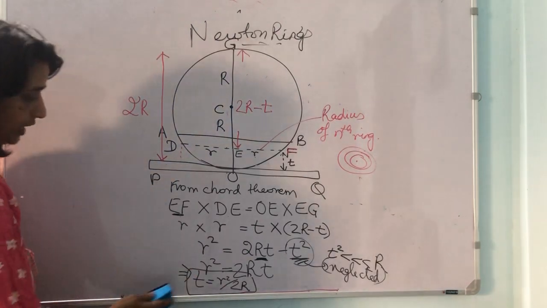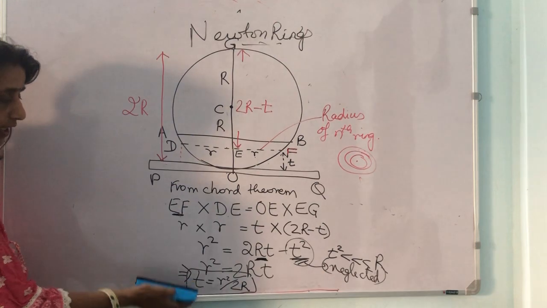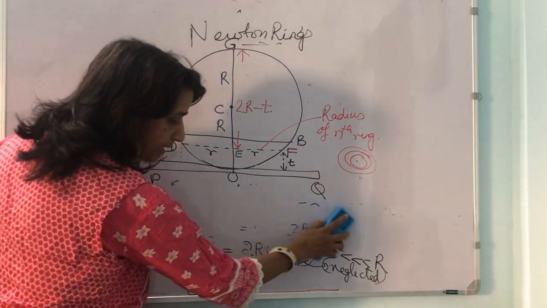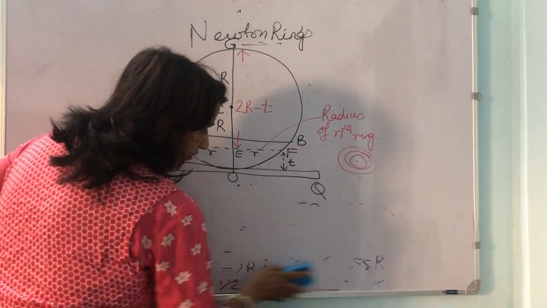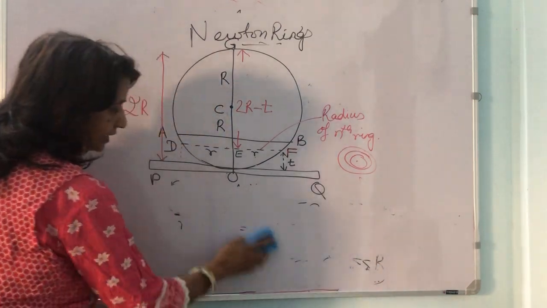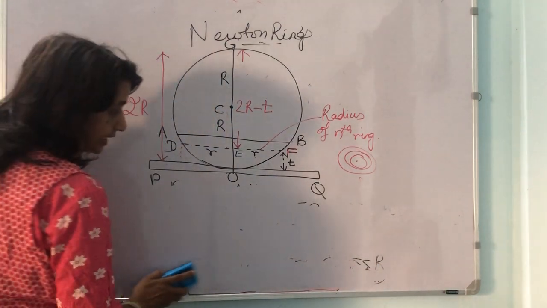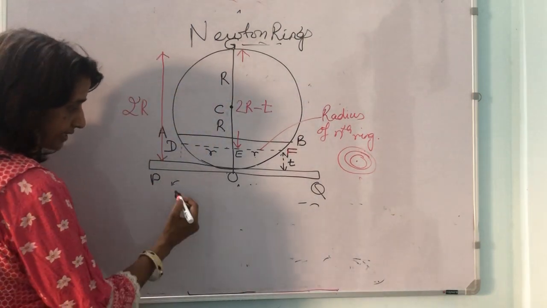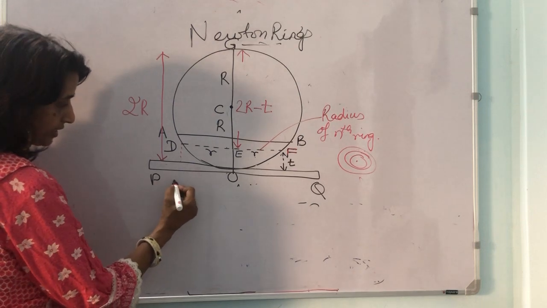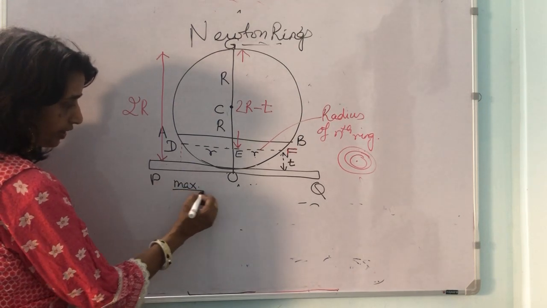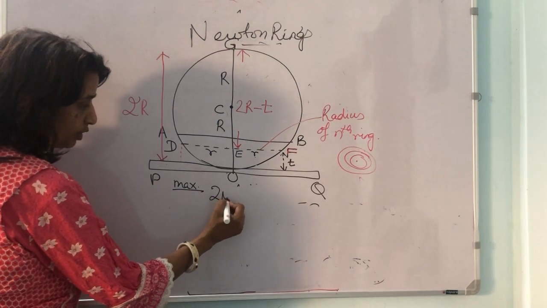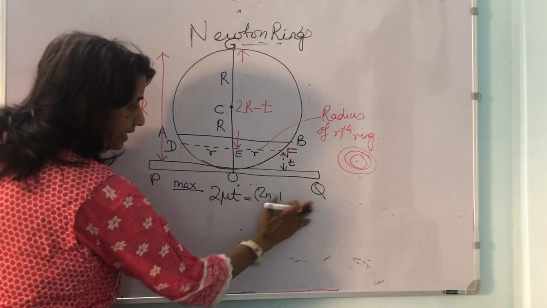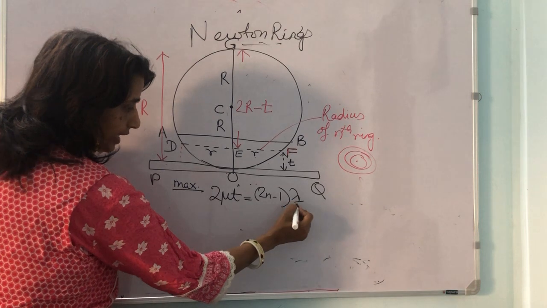Now quickly, with this value, how will we find maxima and minima in this case? We will pick up the path difference between the rays, and for maxima, that is the bright rings or constructive interference, 2 mu T is equal to (2n minus 1) lambda by 2.